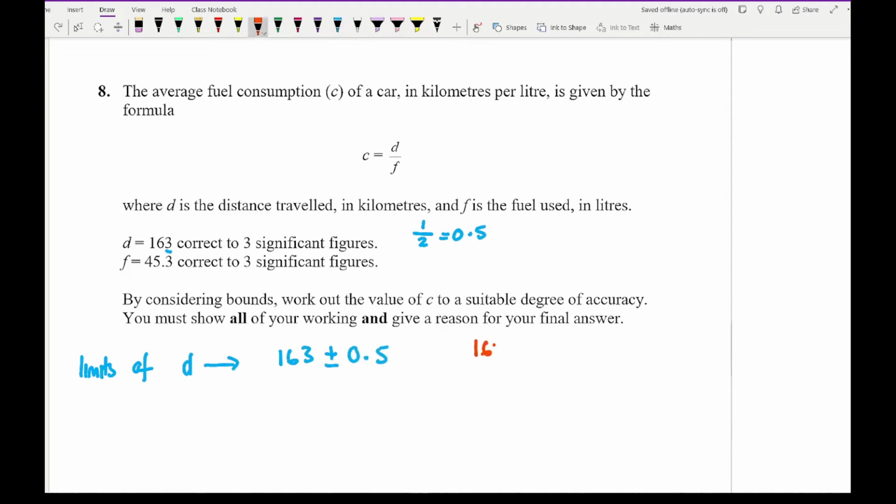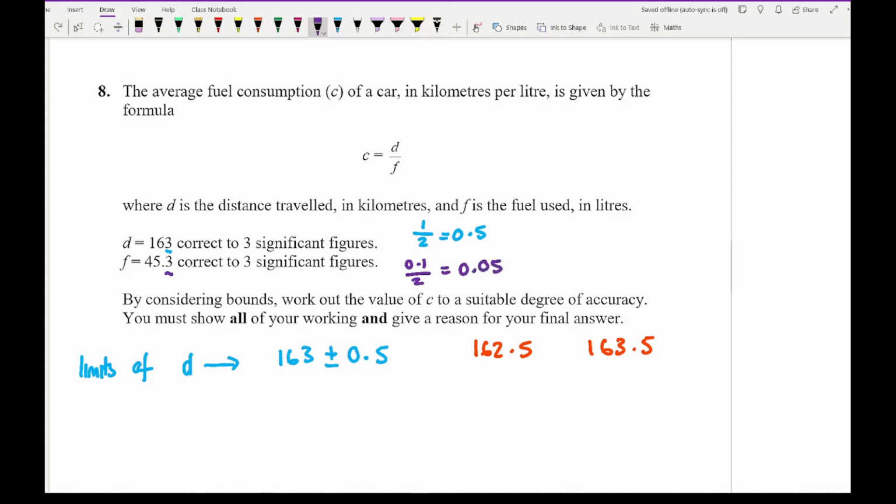So the limits of D is going to be 163 plus minus 0.5, which gives me a lower limit of 162.5 and an upper limit of 163.5. If I then look at the limits of F, which again is given to 3 sig fig, so our third significant figure is 0.1, divide that by 2 and that gives me 0.05.